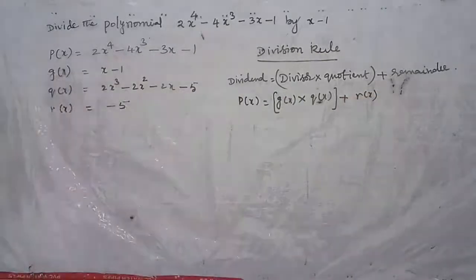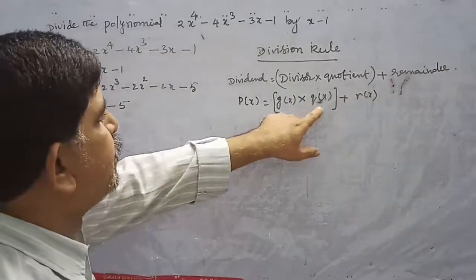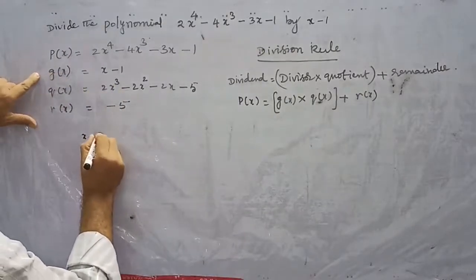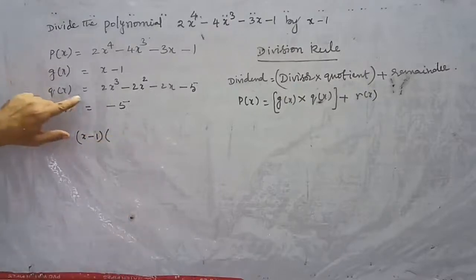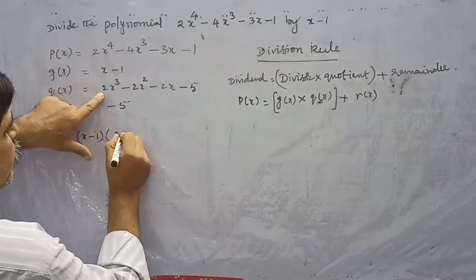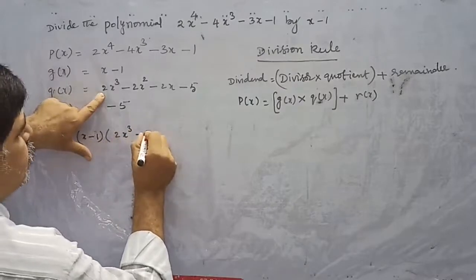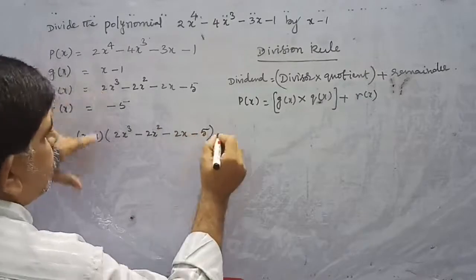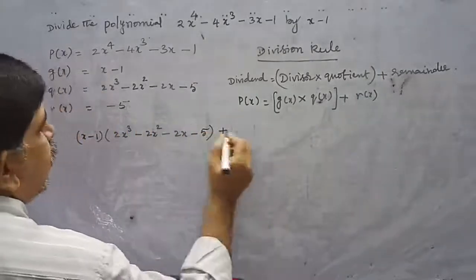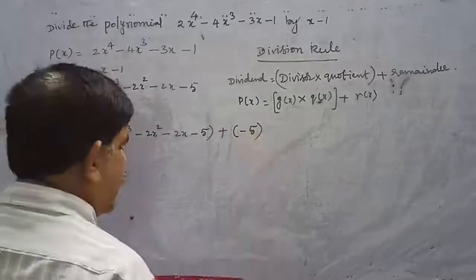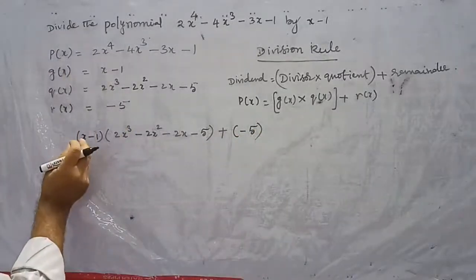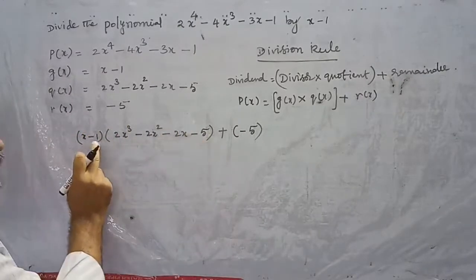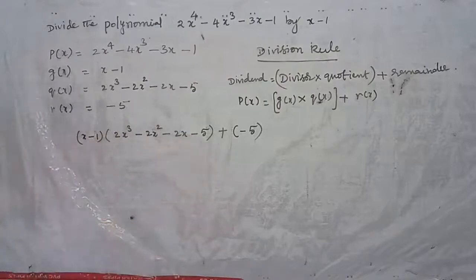Now see how it is. First one, G of x into Q of x. So G of x is x minus 1 into the quotient 2x cube minus 2x square minus 2x minus 5, plus remainder minus 5. Now you multiply the first term with the whole term of the quotient, and the second term, minus 1, with the whole term of the quotient.